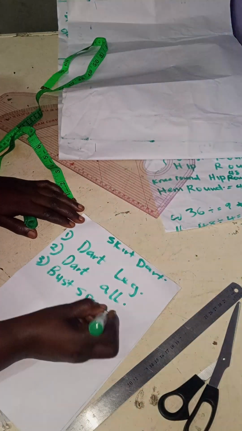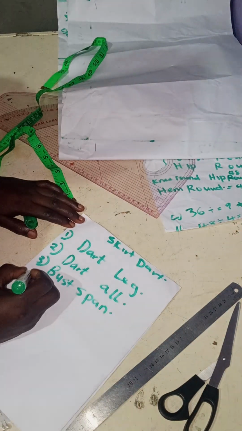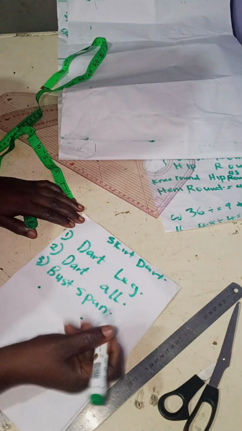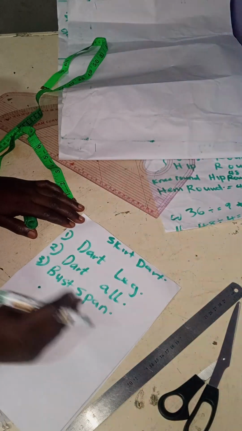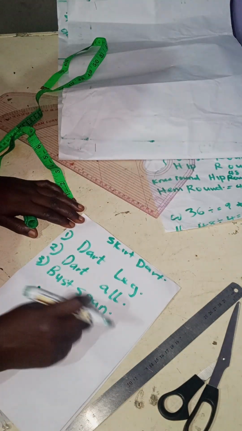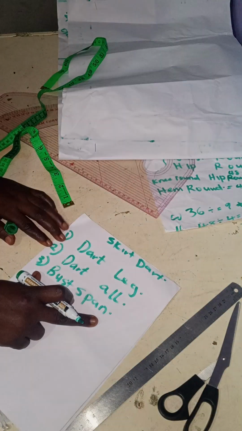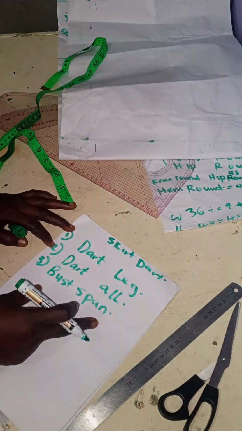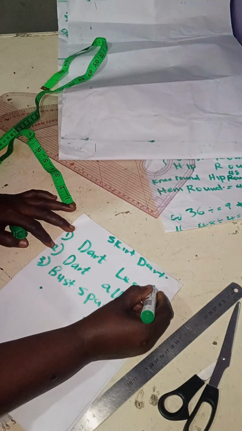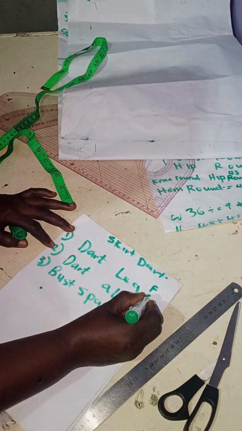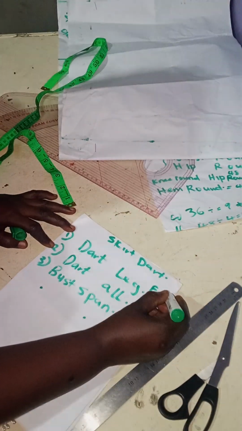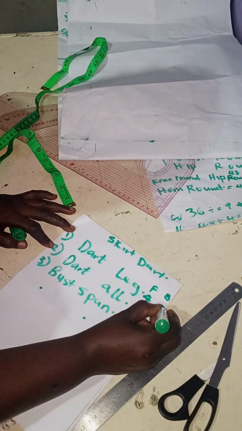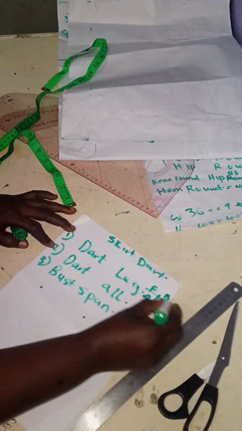What is a bust span? A bust span is the distance between one nipple to the other. Some people call it nipple to nipple, but to be professional it is called bust span. For the dart leg for skirt, the front is 4 inches standard, while the back is 5 inches standard.